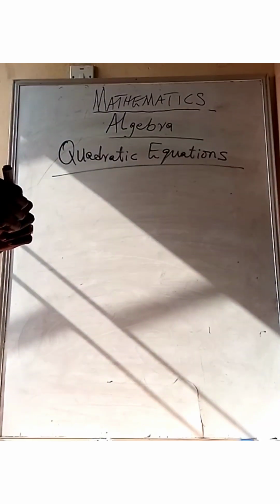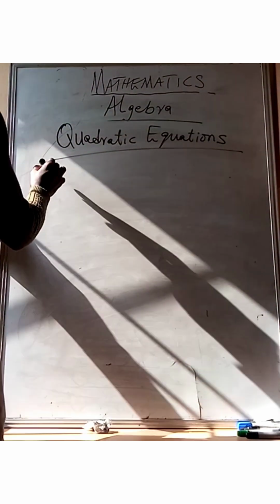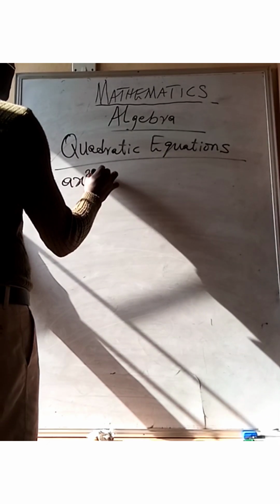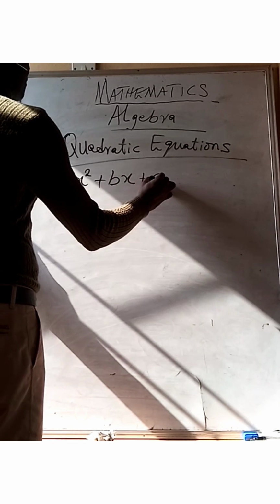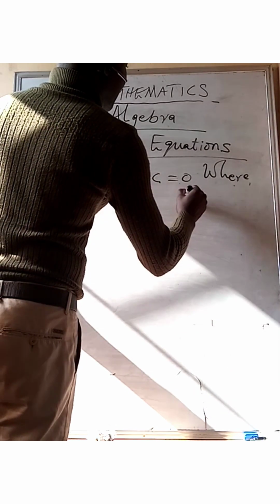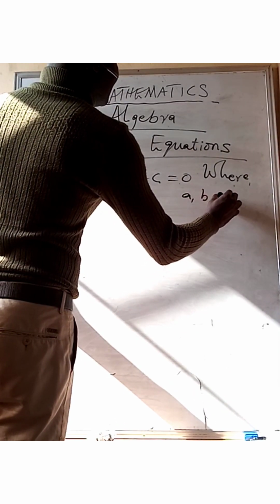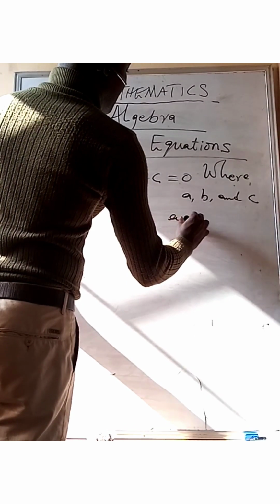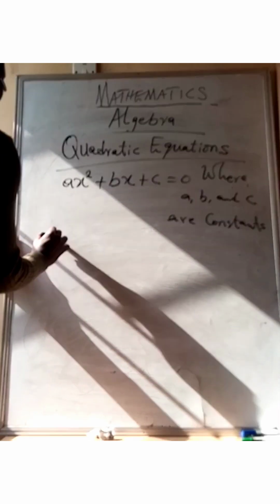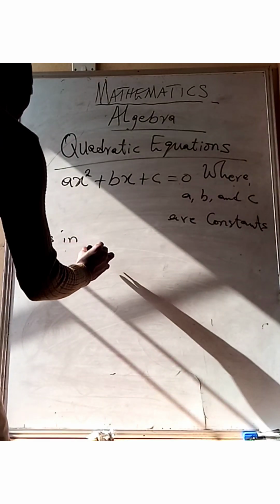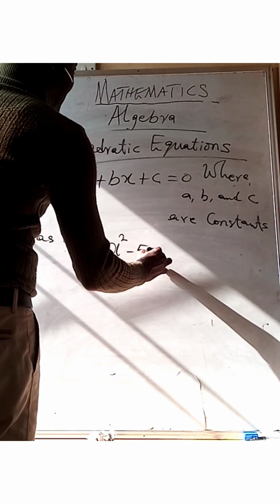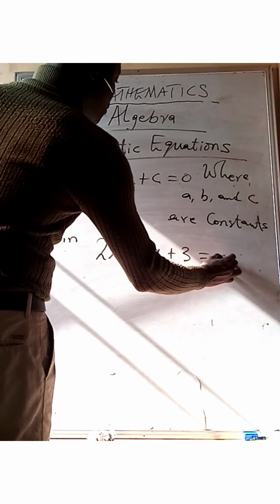Today we are going to discuss quadratic equations. A quadratic equation is a polynomial equation of the form ax squared plus bx plus c equals 0, where a, b, and c are constants, as in 2x squared minus 5x plus 3 equals 0.